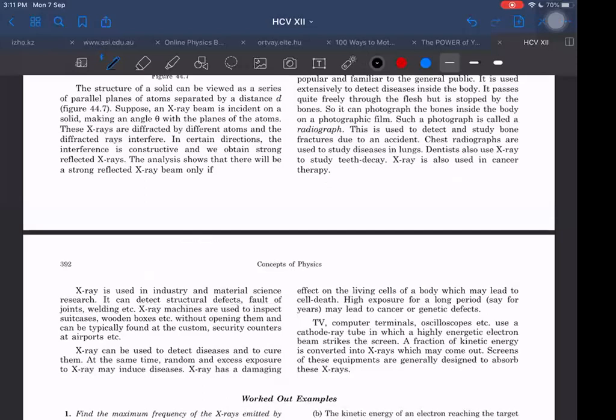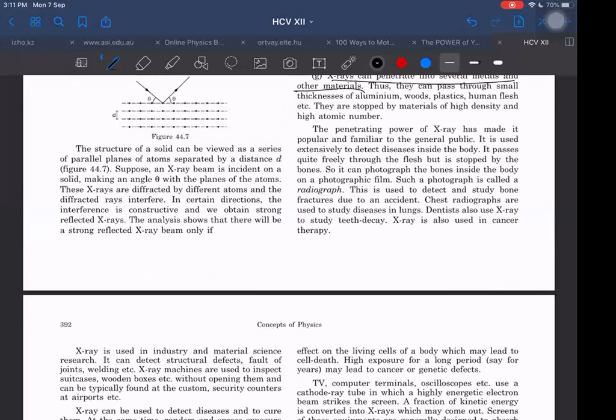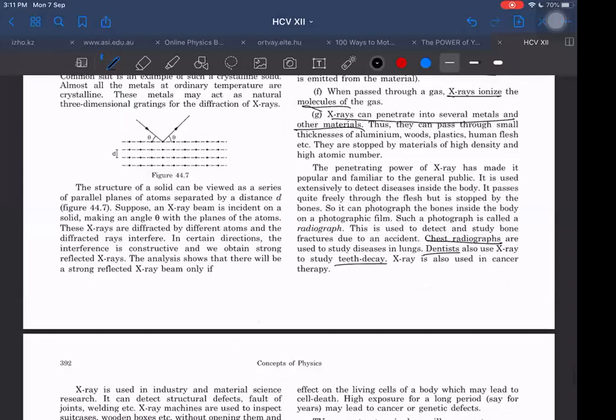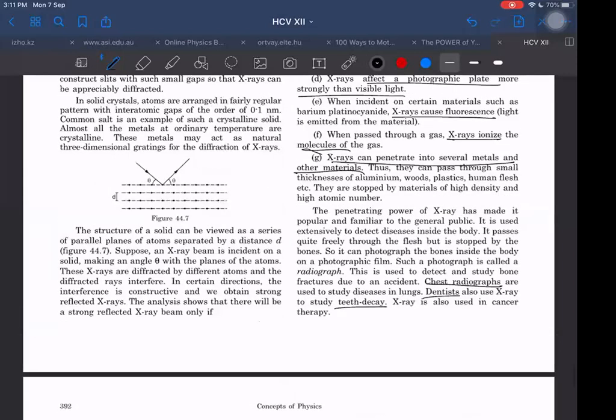We can also study teeth decay. We already know dentists use it. Chest radiographs. In hospitals we use X-rays. So there are a lot of uses of it.